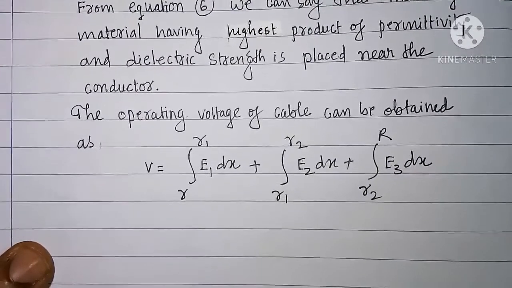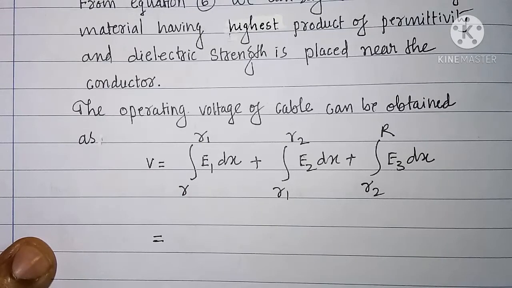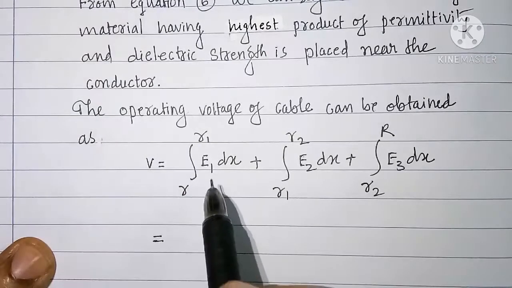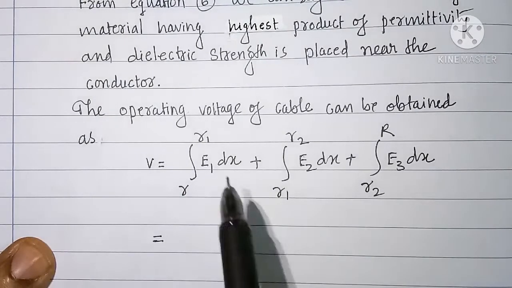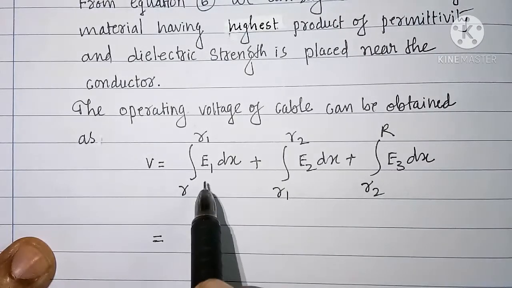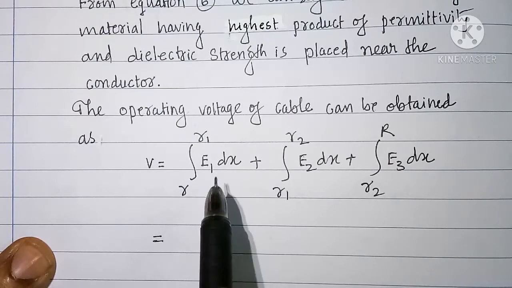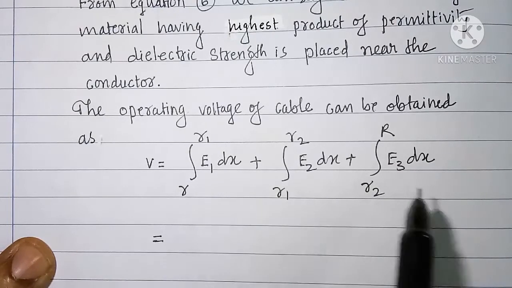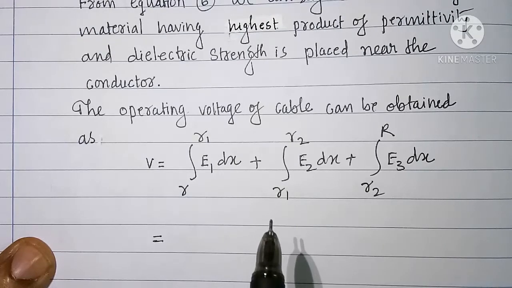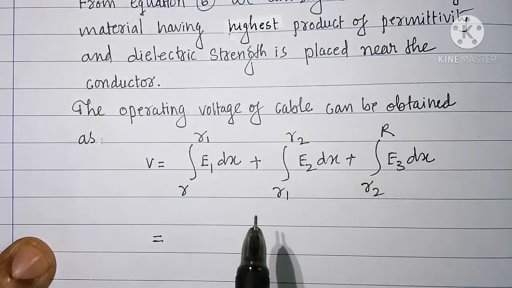If we substitute for these values, we get here. You should know what are E1, E2 and E3. E1, E2 and E3 are the dielectric strengths of insulating material 1, 2 and 3 respectively. Their units are volts per centimeter.